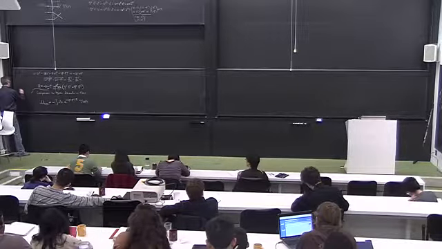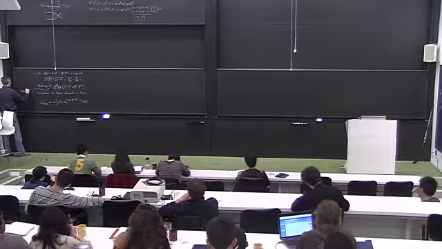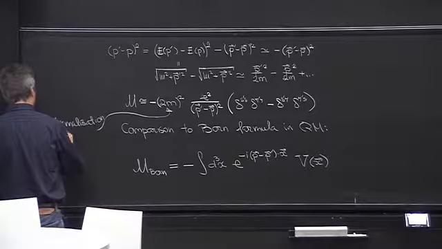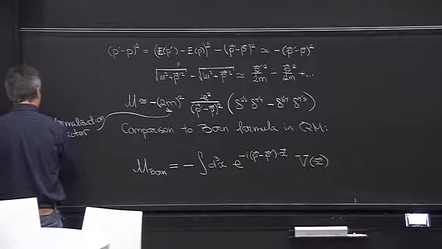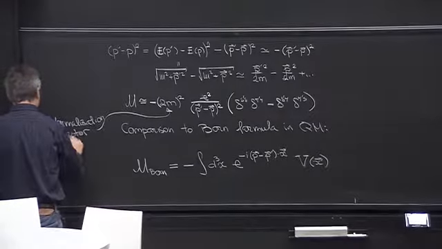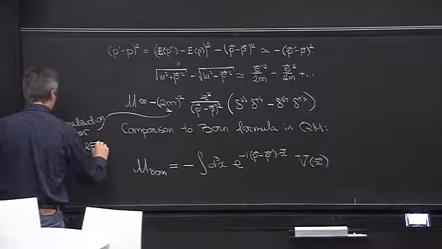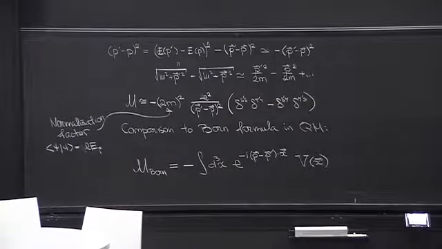This is just a normalization factor that arises because the wave functions in quantum field theory are normalized to twice the energy of the particle instead of being normalized to 1. The reason is relativistic invariance.